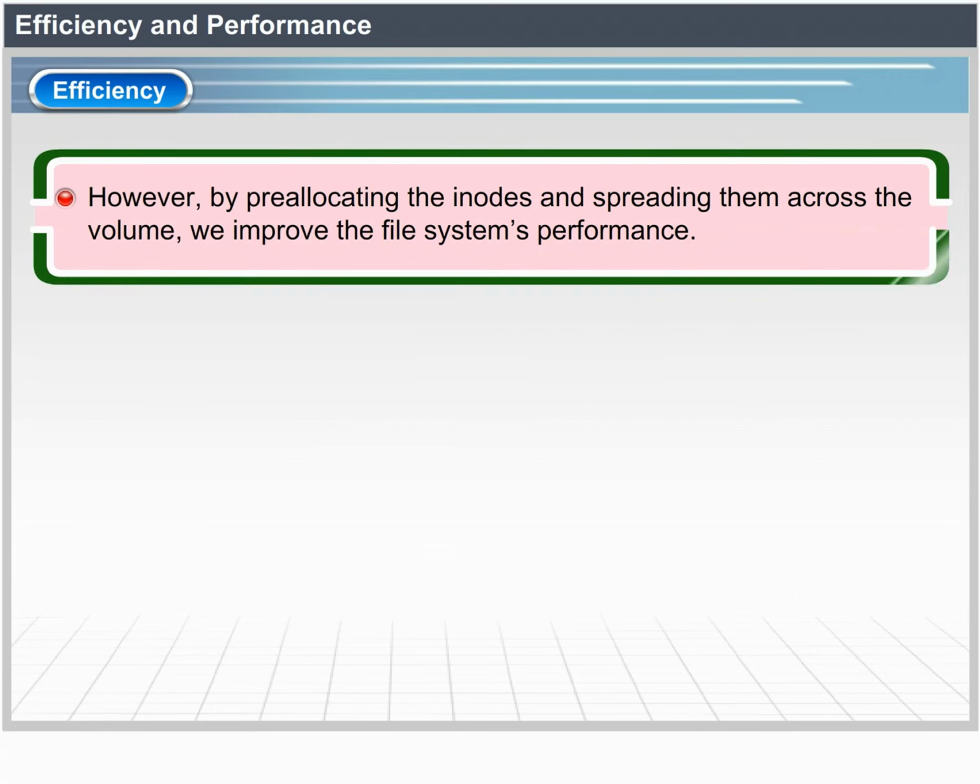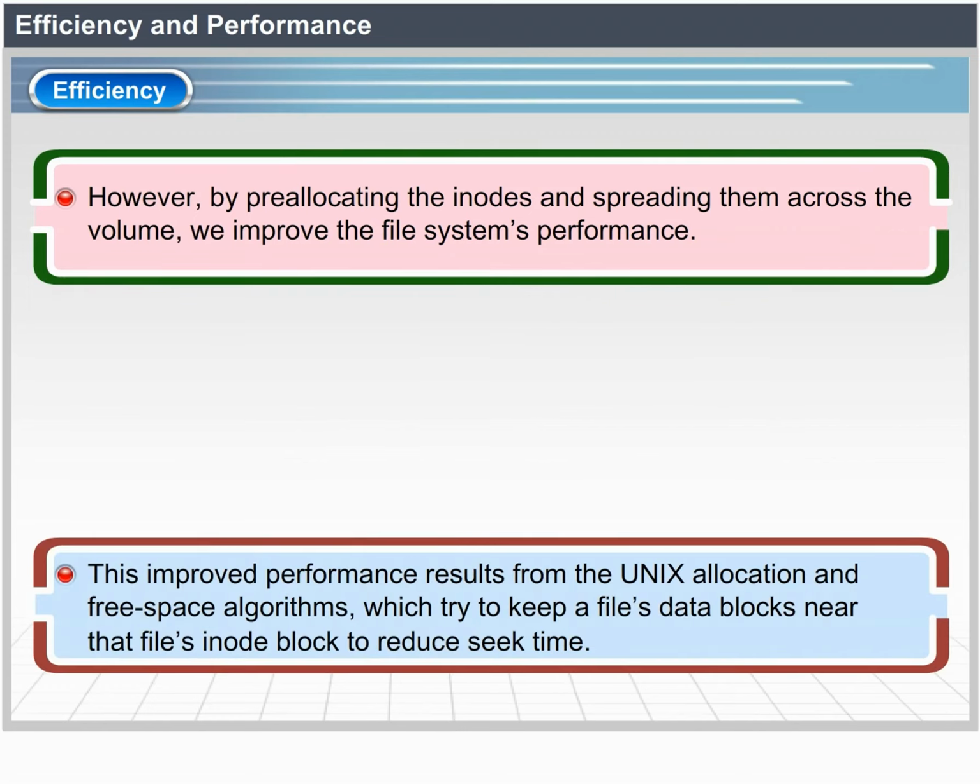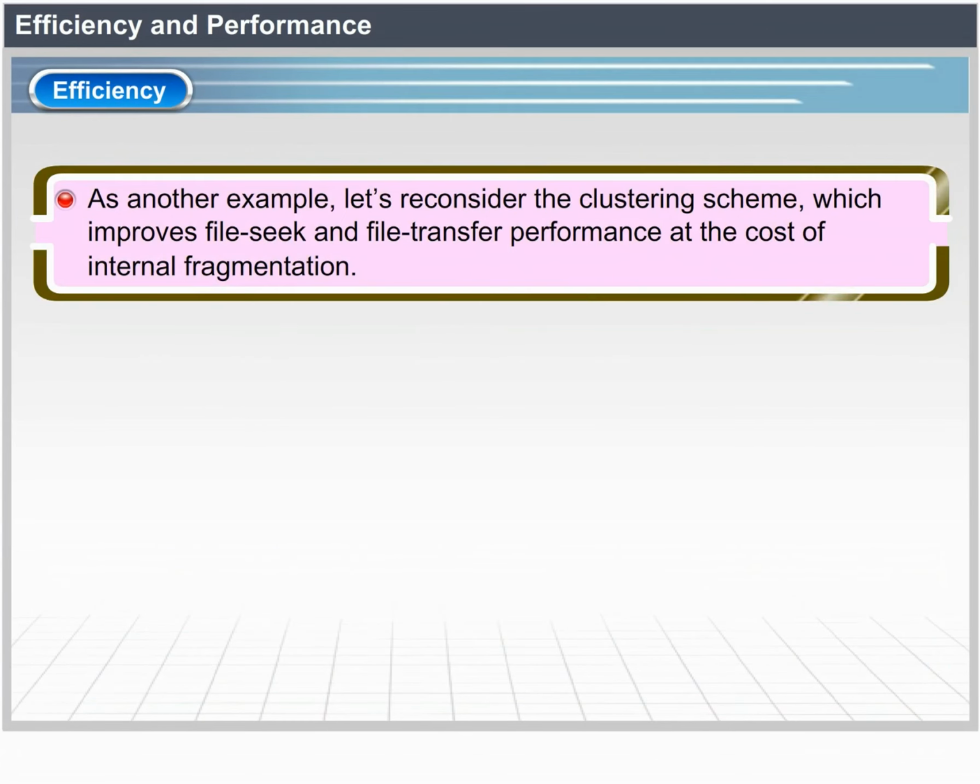This improved performance results from the Unix allocation and free space algorithms, which try to keep a file's data blocks near the file's inode block to reduce seek time. As another example, let's reconsider the clustering scheme, which improves file seek and file transfer performance at the cost of internal fragmentation.